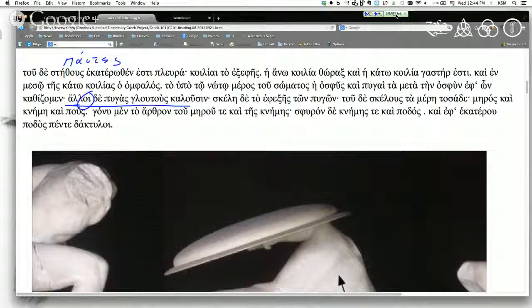Others call. Others on each side? No, that's hekaterafan. Others call. The bottom.